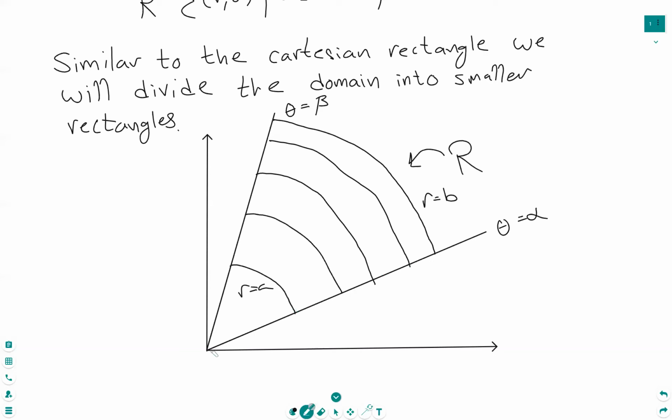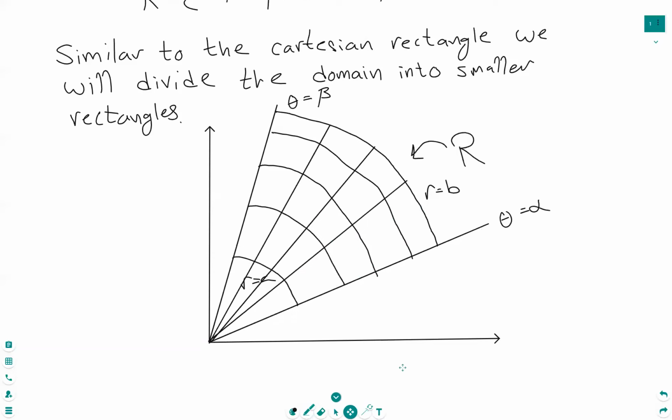And then maybe we do the same thing with theta. So maybe we do something like here, and then we could do something like this. And we can do even one just down the middle right there. So now we have 4 subintervals in both of these directions, right? Theta has 4 subintervals and R has 4 subintervals.